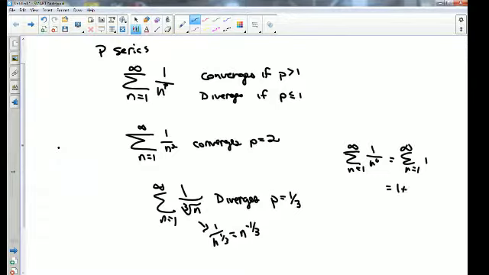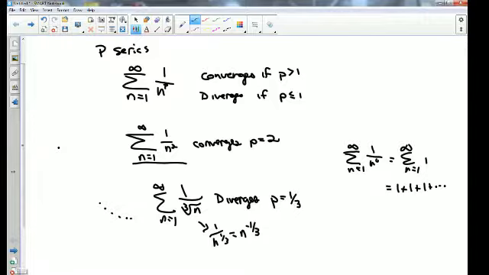What's the second term? It diverges, right? It's kind of odd to think that the terms go to 0. The sequence, right? It just doesn't go fast enough. Anything above 1 is where that actually starts to converge.